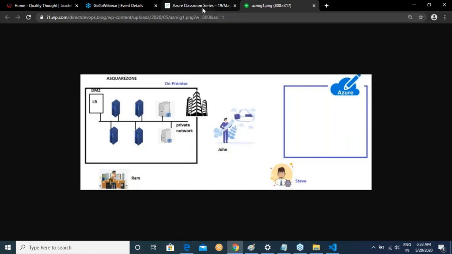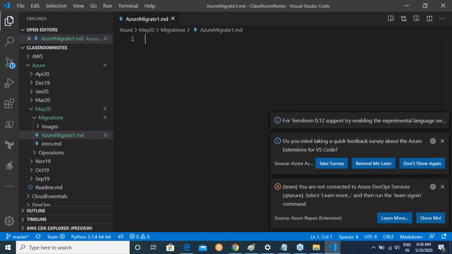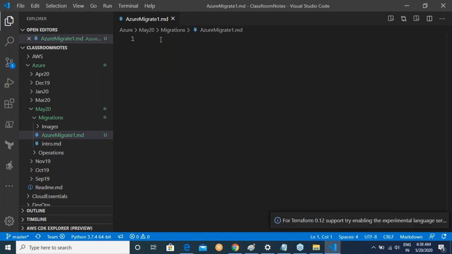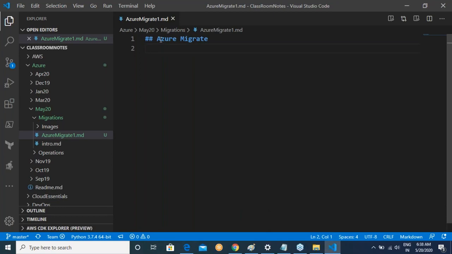For that, I would like to introduce to you a service in Azure, which is called Azure Migrate. Let me quickly remind you of the term service again. I'm quite sure most of you already know it.